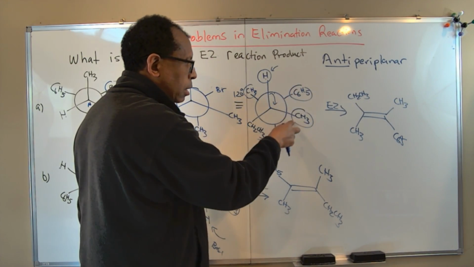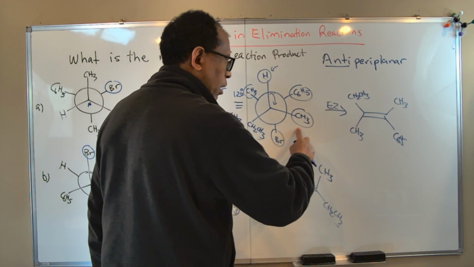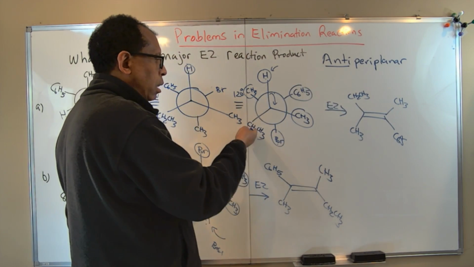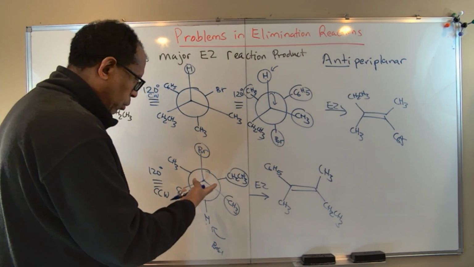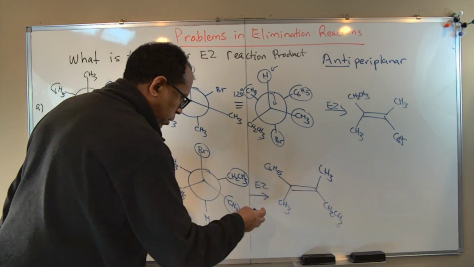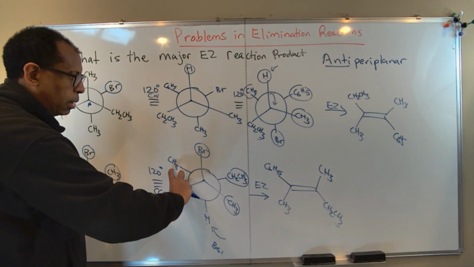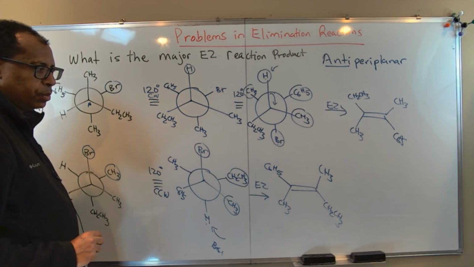So this and this are the same side, C6H5 and CH3, and CH2, CH3 and CH3 are on the same side. As well here, CH3 and CH2, CH3 are on the same side, and C6H5, CH3 are on the same side.